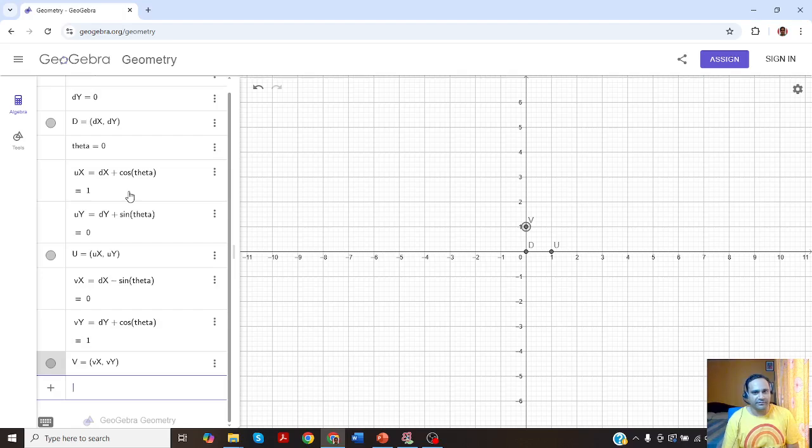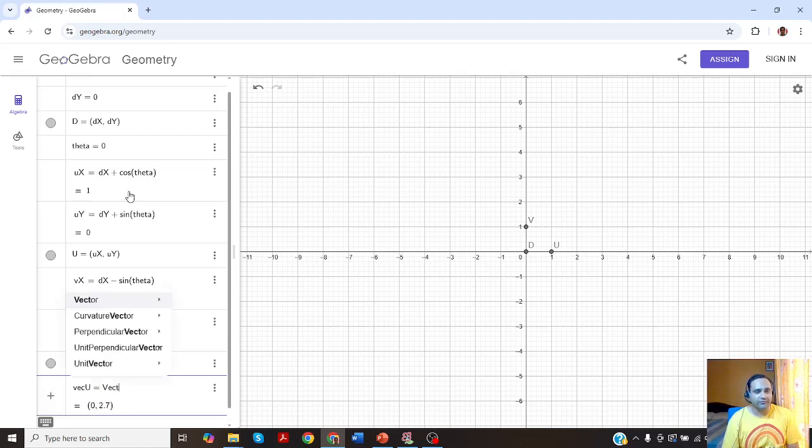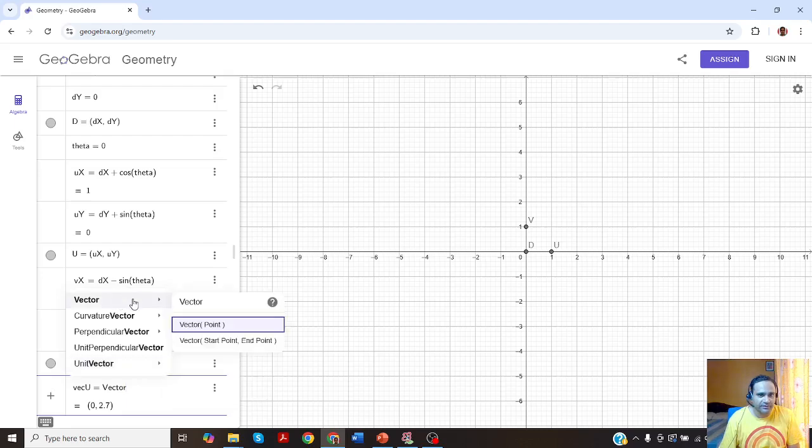So both the points have come. Now let's draw vectors so that it becomes easier. Vector u. Please note small letter u I have started because the variable should start with a small letter for a vector. I'll create as vector.